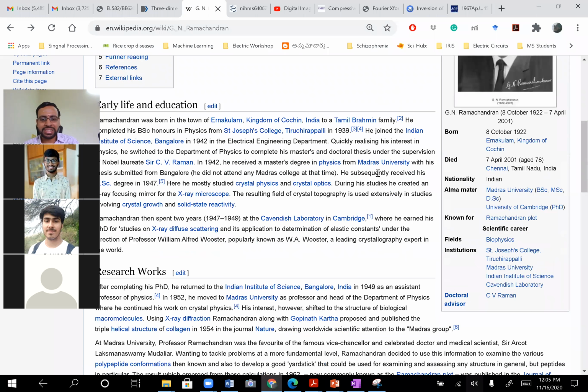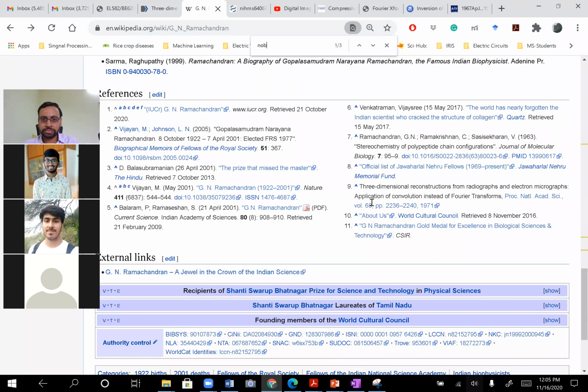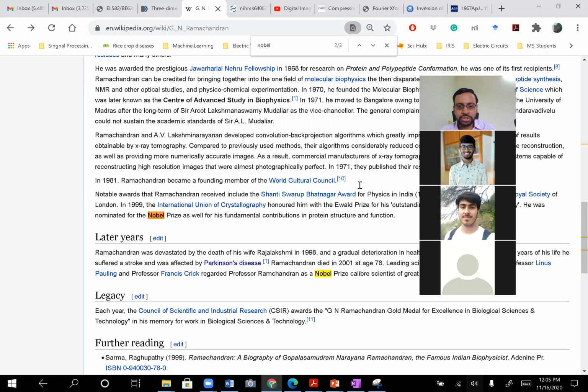He worked in biology also and was in fact nominated for the Nobel Prize, for his fundamental contributions to protein structure. He is quite interdisciplinary. He did physics and then moved to that.